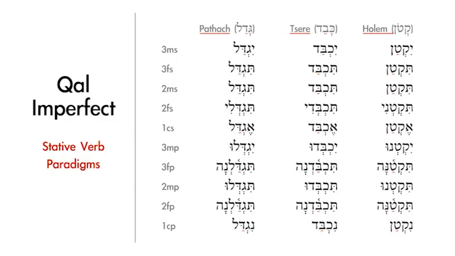We'll say it together so you get a sense of how it sounds with the A-class vowel. Yigdal, tigdal, tigdal, tigdeli. Egdal, yigdelu. Tigdalna, tigdelu, tigdalna, nigdal. And the same will be true for the tsere and the holem statives. They will maintain the A-class stem vowel throughout.